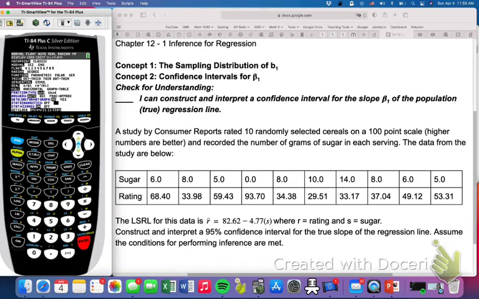After you turn it on, you can quit, not second quit, and then do the linear regression again, or number 8. Notice that the r and r squared, the correlation coefficient, actually show up here. So it's a negative relationship. Okay, that's cool.